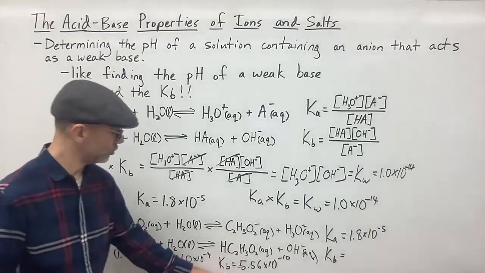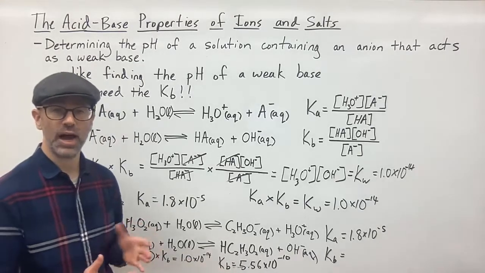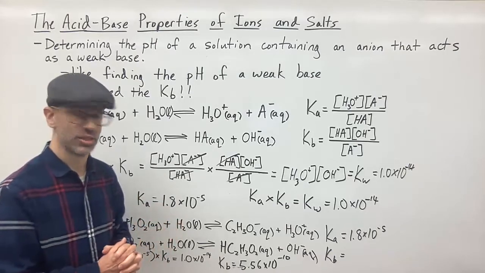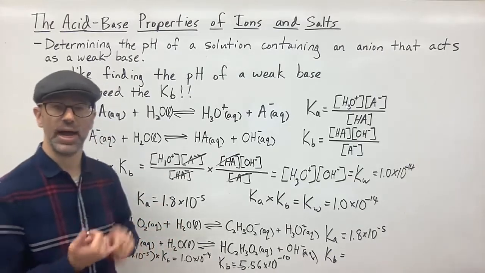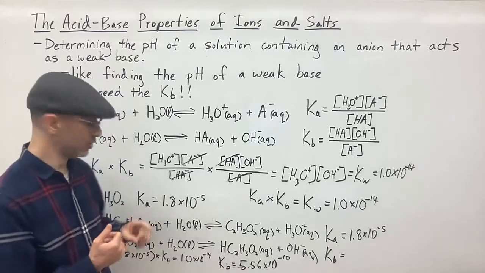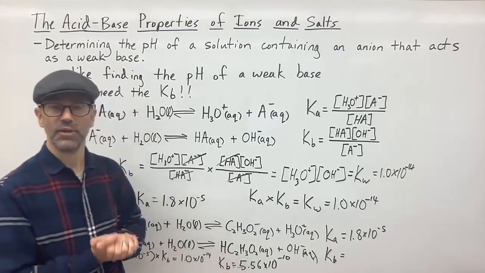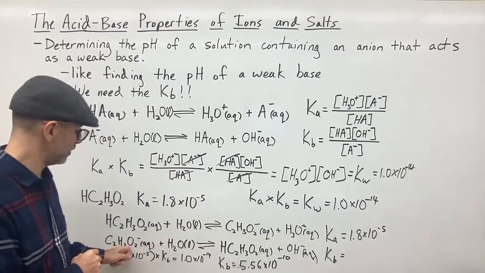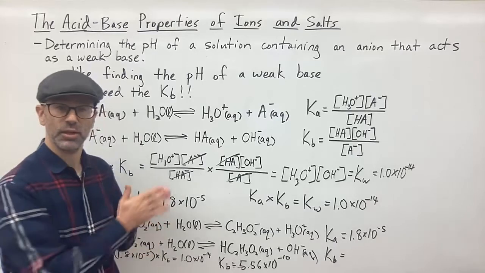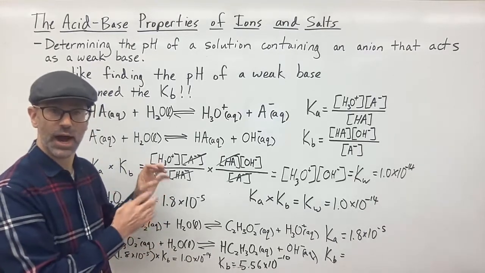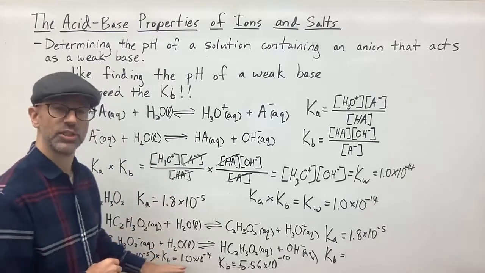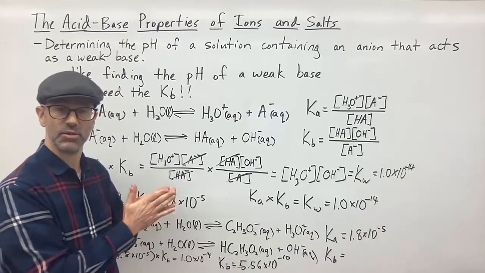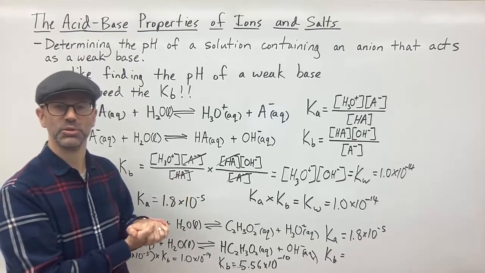So now I can use the Kb value to figure out the OH minus concentration for a given concentration of this acid using my ice table. So remember, now that we have the Kb, if I'm given in a problem a certain concentration of my acetate ion, I can use my ice table to get the equilibrium concentrations in terms of x.